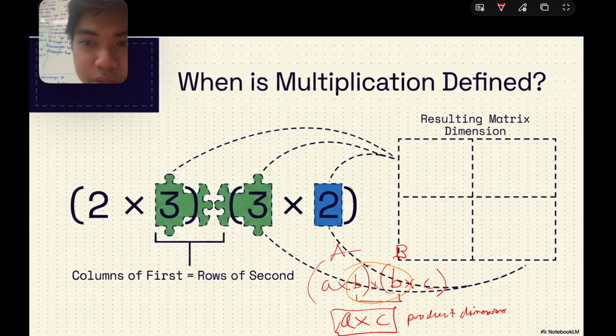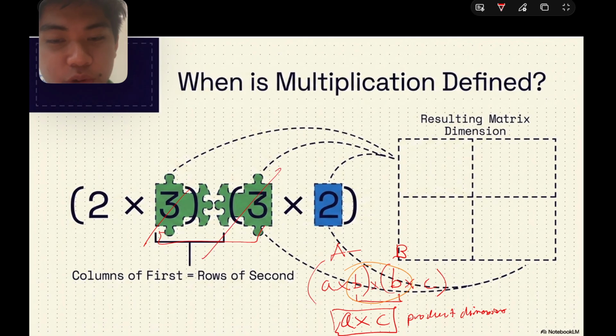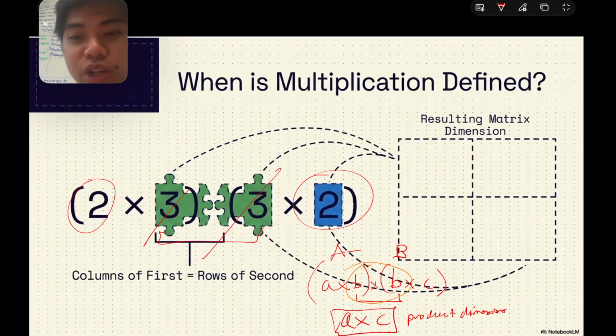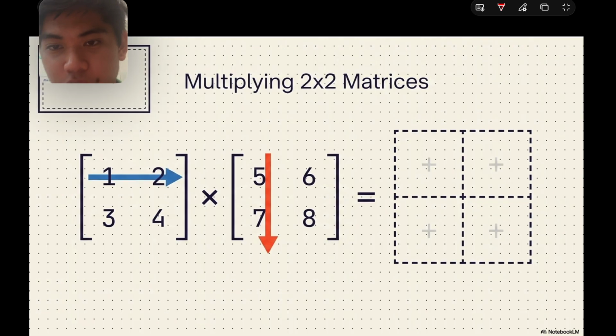In this case, we know that our 3 and 3 are the inner dimension, so we can multiply these matrices together. We get rid of them from our minds for the meantime and look at our outer dimensions, and that gives us the resulting matrix dimension, which is a 2 by 2 matrix. You can see that there on the right.